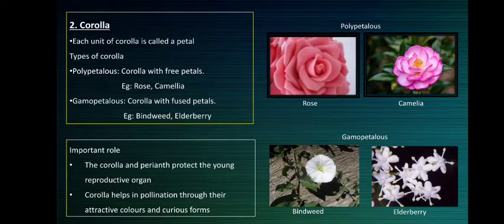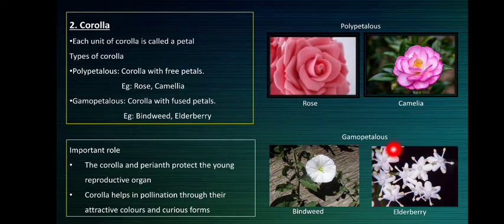Coming to the second one, that is corolla. Each unit of corolla is called a petal. The corolla is also divided into two types, polypetalous and gamopetalous, based on their fusion. Polypetalous: corolla with free petals, example rose and camellia.